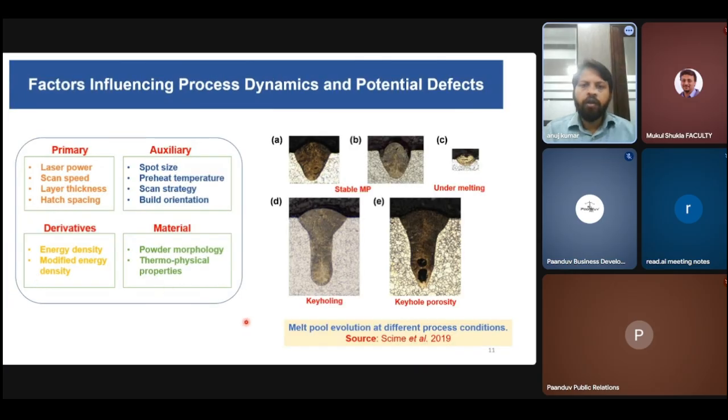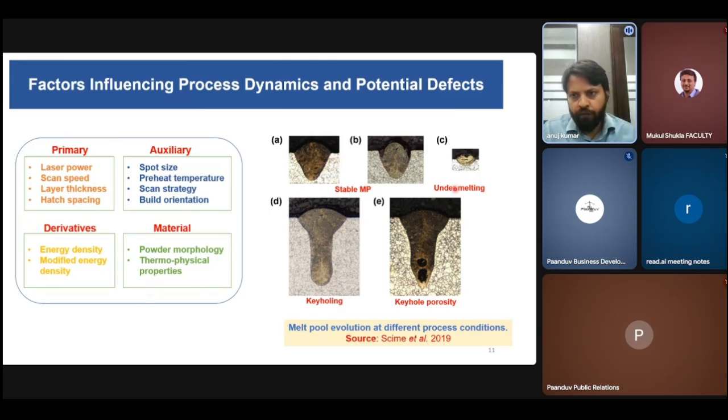So, one experimental study from 2019: you can see a different melt pool shape in every micrograph A, B, C, D, E. Somewhere we have a keyhole-like melt pool, whereas we can have a stable melt pool, which is desirable in many cases.